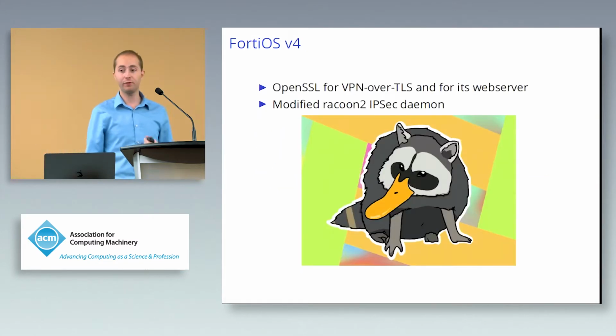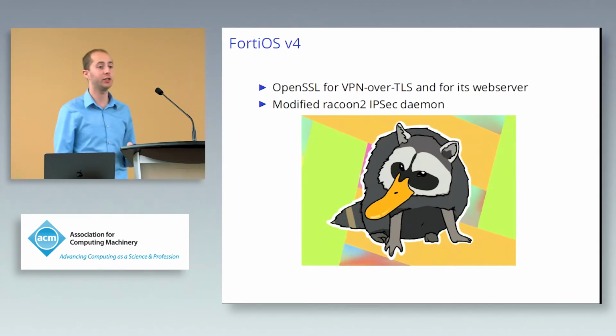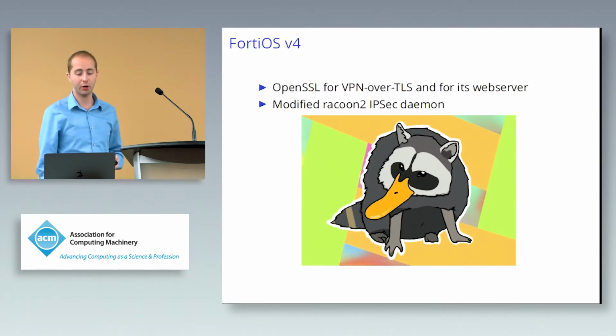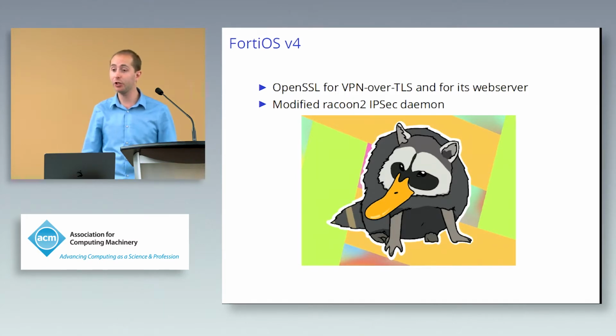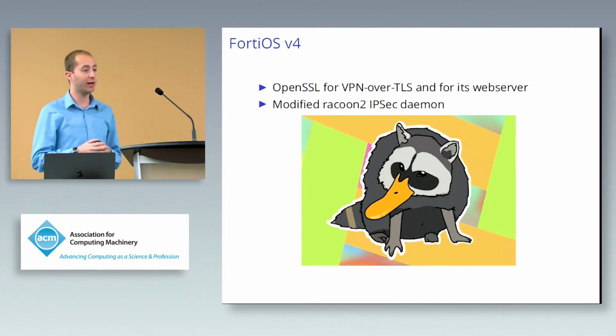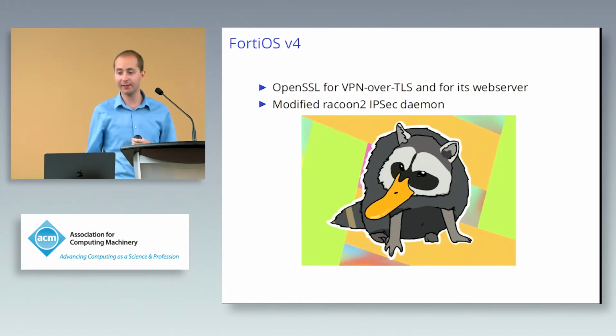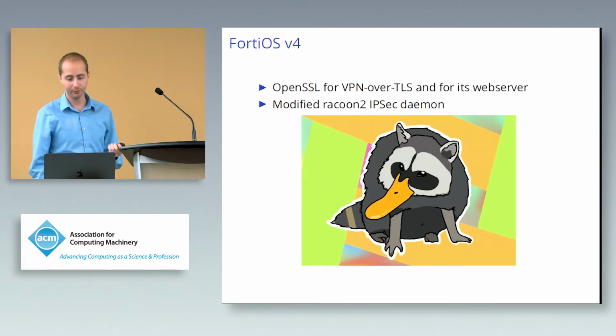Further, 40OSV4 used two open source packages to implement certain cryptographic protocols. OpenSSL was used for its VPN over TLS implementation and for the device administration webpage by which administrators can modify the device settings. For IPsec IKE VPNs, they used an old open source daemon called Racoon 2.